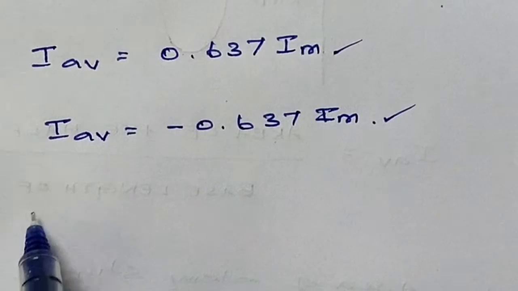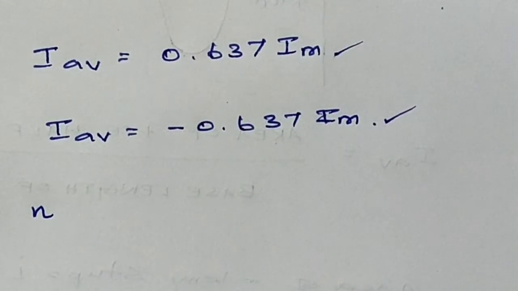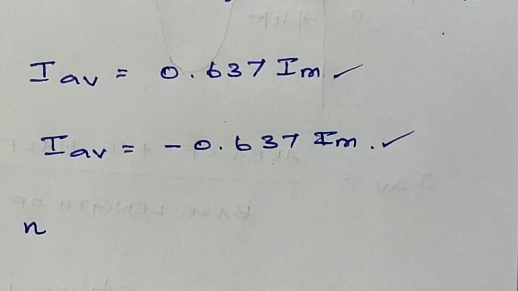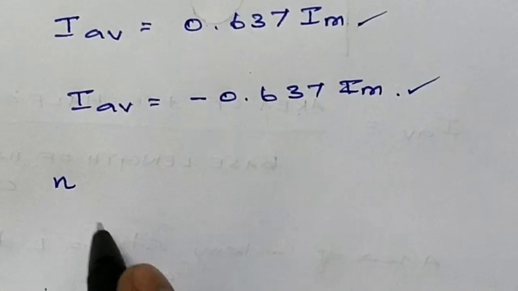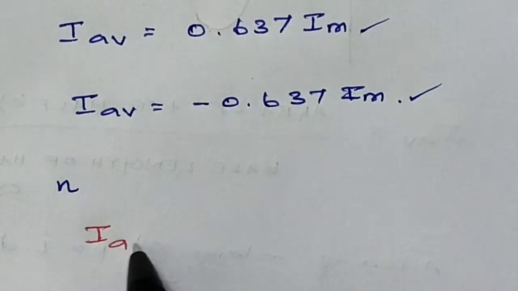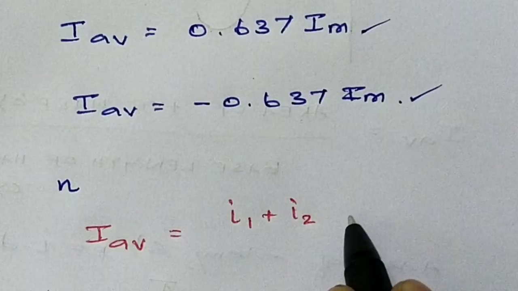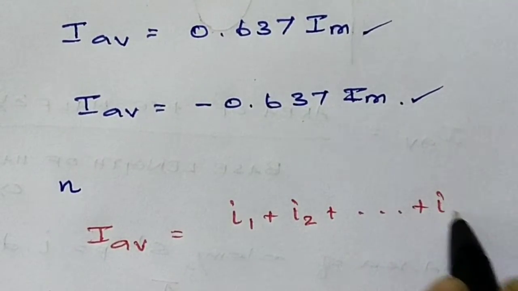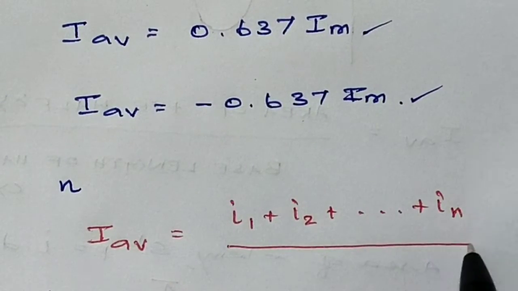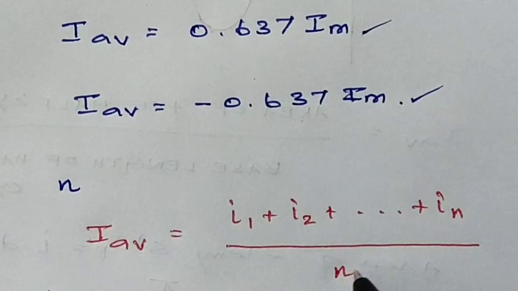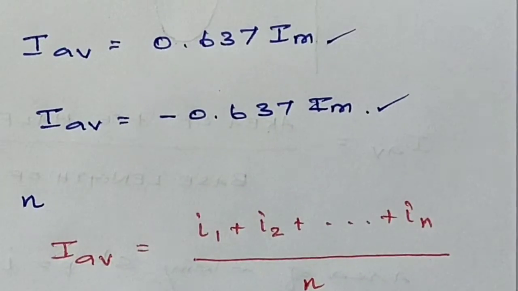Let N be the number of currents. Then I average is the ratio of the sum of all the currents over the half cycle to the number of currents: I1 plus I2 plus up to In, divided by N, the number of currents in a half cycle.